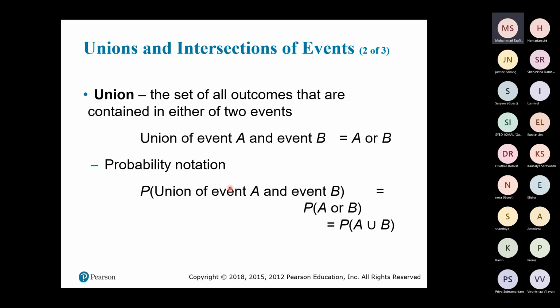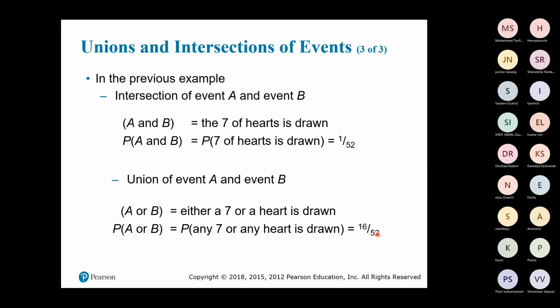When you want to write it as an equation, you can write P(A or B), or you can write P(A ∪ B), where ∪ symbolizes "or". Once you write it like this, people will understand that we want to know the probability that event A or event B will happen.